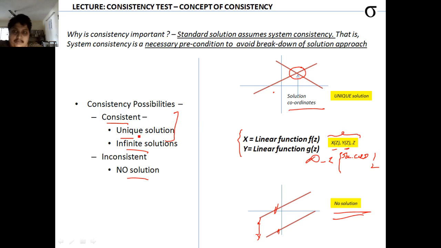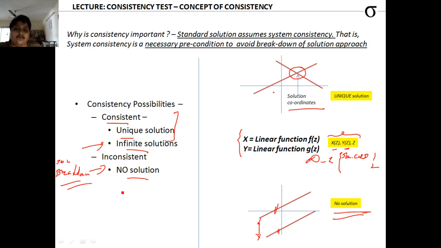Because in the cases where you have infinite solutions and where you have no solution, your system suffers from what's called a solution breakdown. The way to go about solving these two would first require you to reduce the system into a solvable state and then attempt a solution.